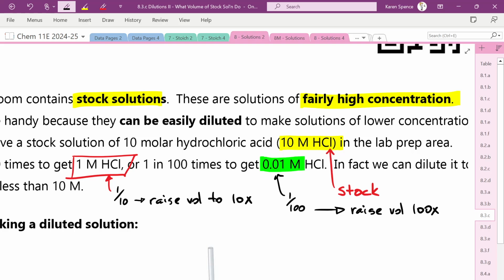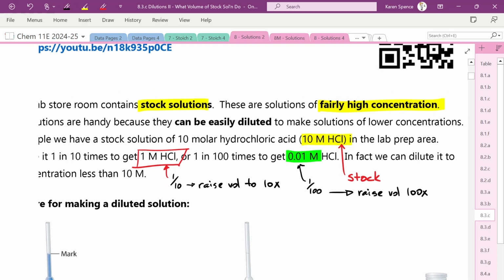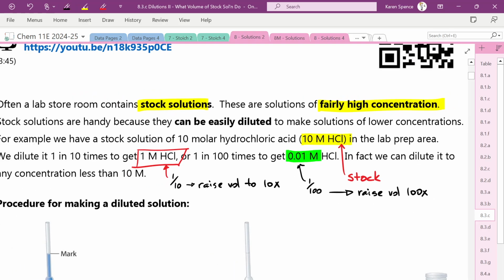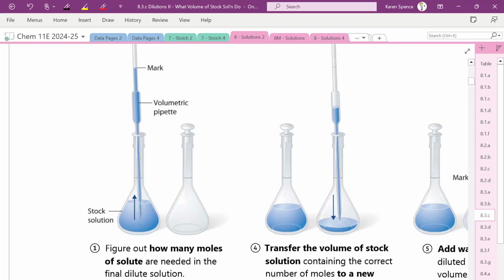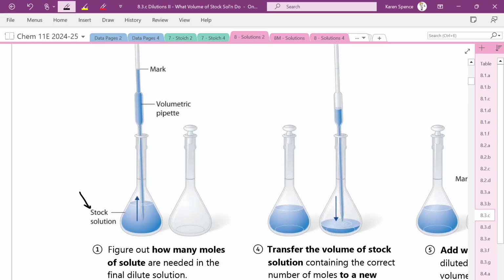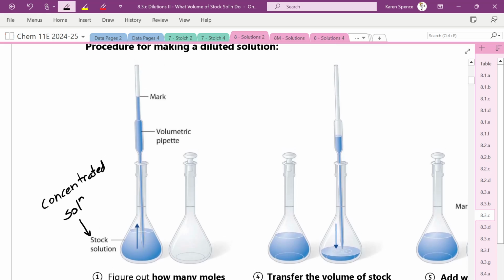And how we would do that, we would start with our stock solution. So here is our stock solution. That is our concentrated solution. And we would use our volumetric pipette to measure out a particular amount.